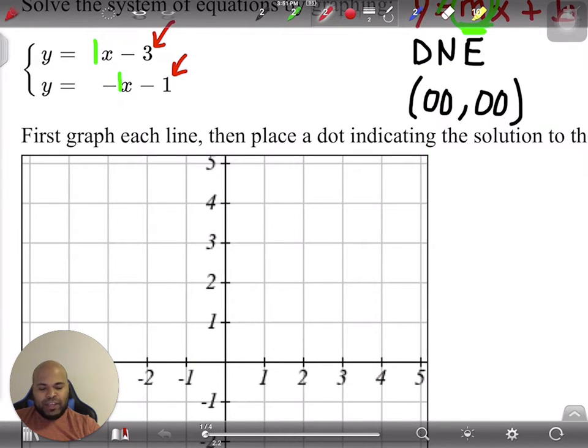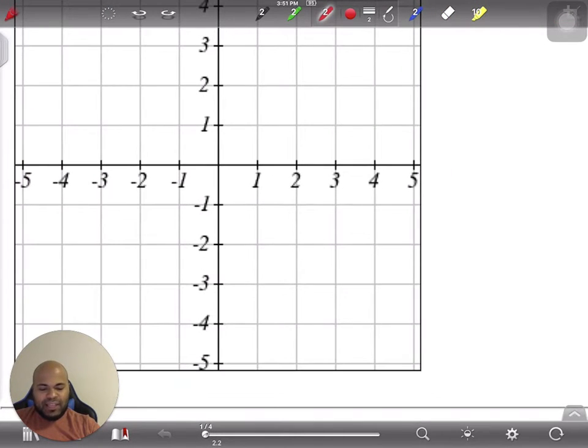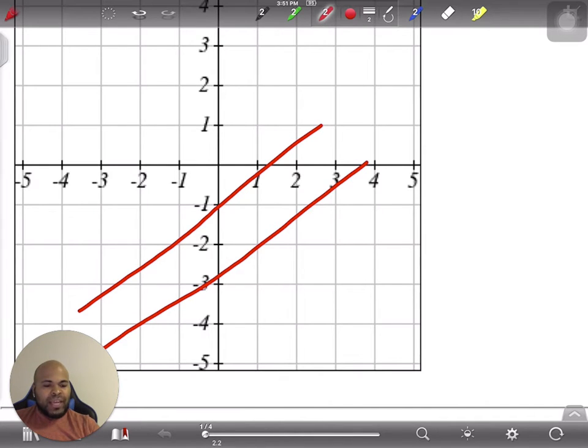I'm just graphing a line that goes to 3. I'm sorry, that's +3. Like I said, it's not accurate. A line that goes through -3 and a line that goes through -1. Okay, they are not intersecting. They're parallel lines. I know they're parallel for sure because the slopes are the same. We learned that last chapter. And because they have different y-intercepts, they're parallel lines and they never intersect. Therefore, there is no solution.